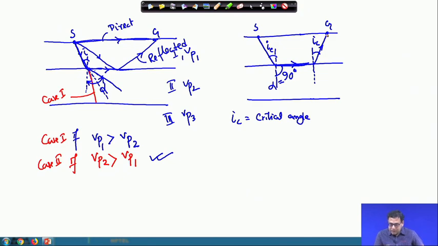Now, there is another question, why we have considered this path, because at this point your refracted ray can go onward like this, like this, or like this also.